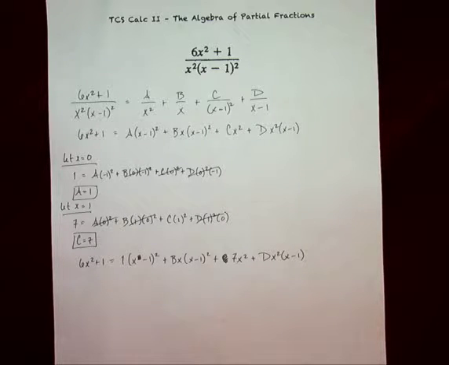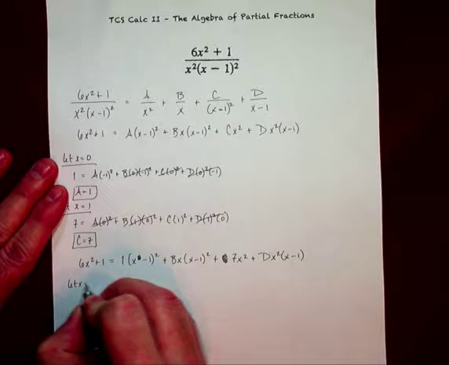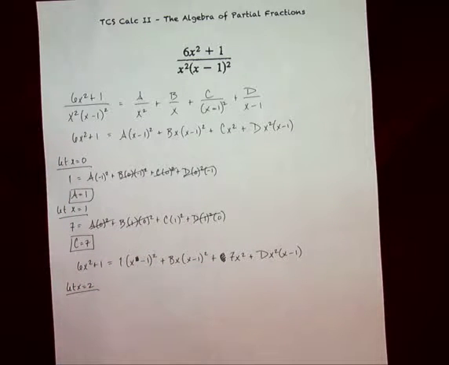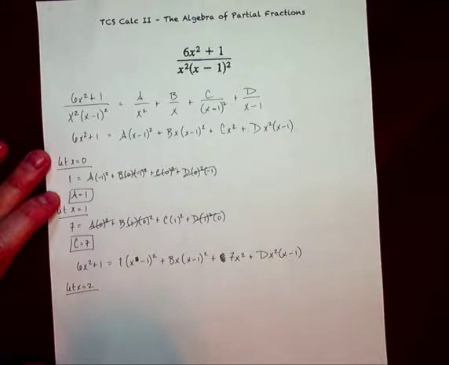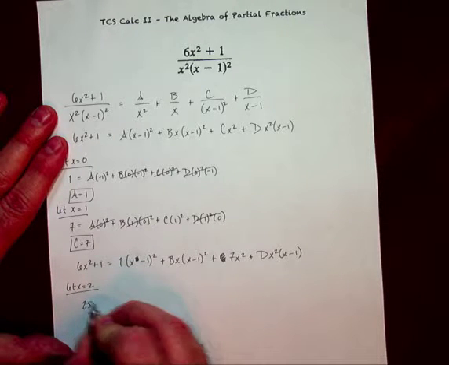But what I'm going to do instead is plug in other values. Let's let x is equal to 2. Now remember, this is true for all x. So even though these aren't convenient values, they're perfectly legitimate for me to plug in. And when I plug in 2, I'm going to get 25.